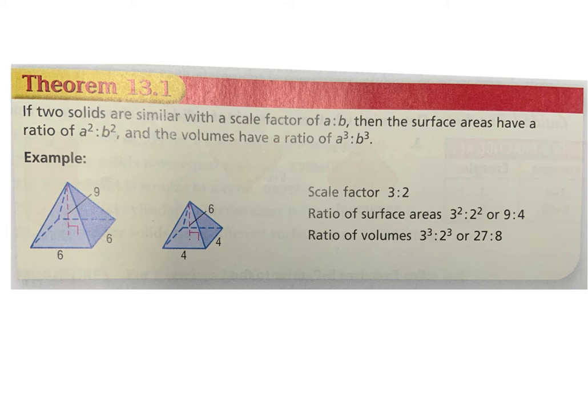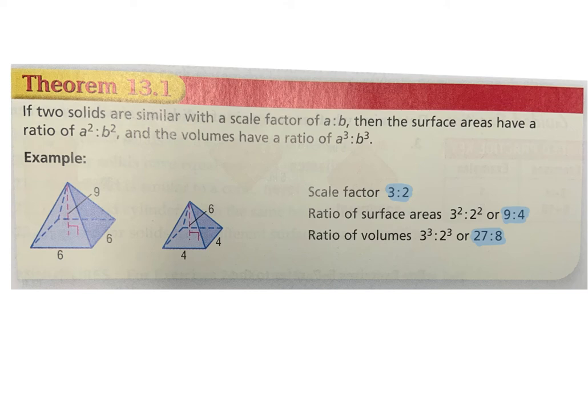In the example they gave us, the scale factor from one solid to the next is 3 to 2. So the ratio of the surface areas is going to be 9 to 4, 3 squared to 2 squared. And the ratio of the volumes is going to be 27 to 8, 3 cubed to 2 cubed. So it goes up by a dimension.